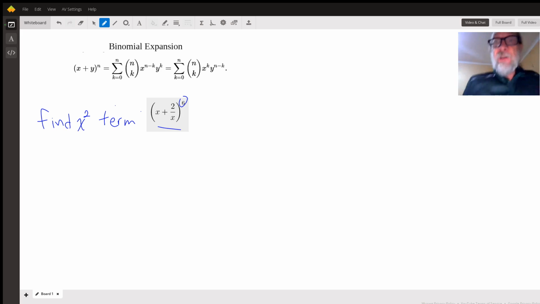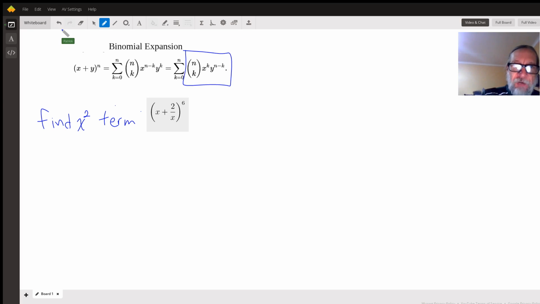You wouldn't want to write out all those terms. So it turns out there's a shortcut here. And the idea is that we don't need all of these terms. There's only one specific one that we need because we're looking for the coefficient in front of the x squared term.